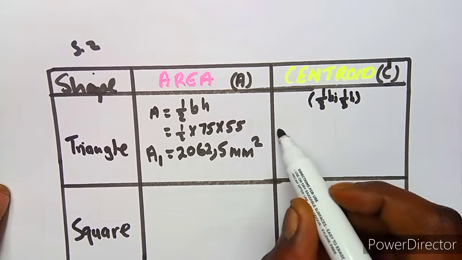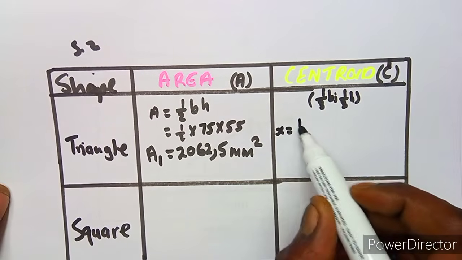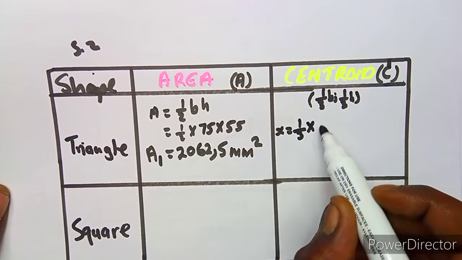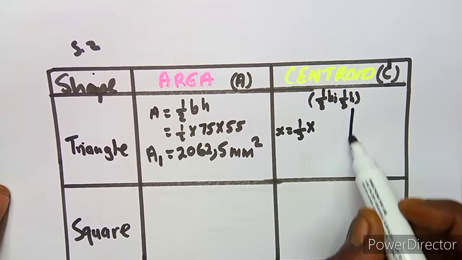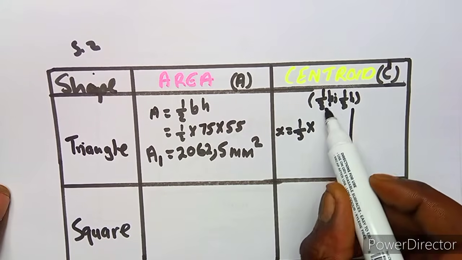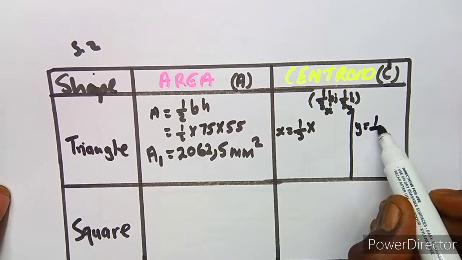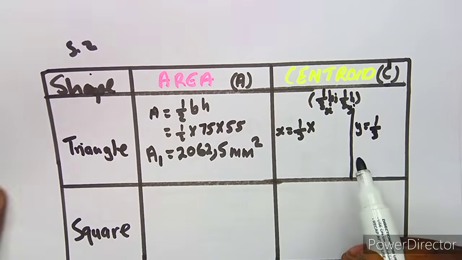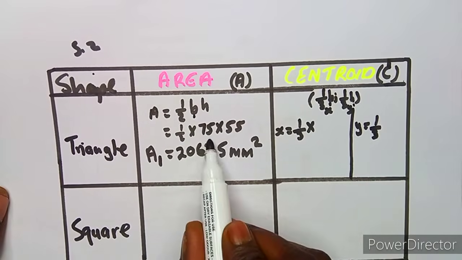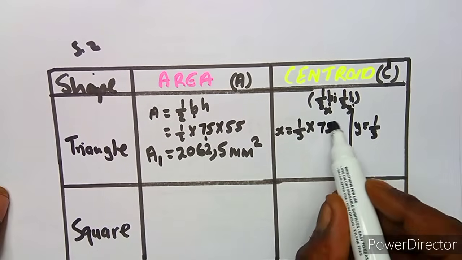So the value of x is going to be a third times the base, and the value of y is going to be a third times the height. The base in this case, remember, is 75 from our triangle.